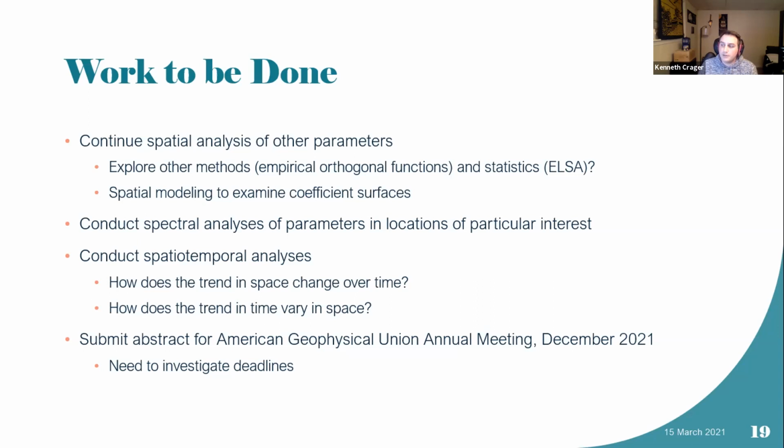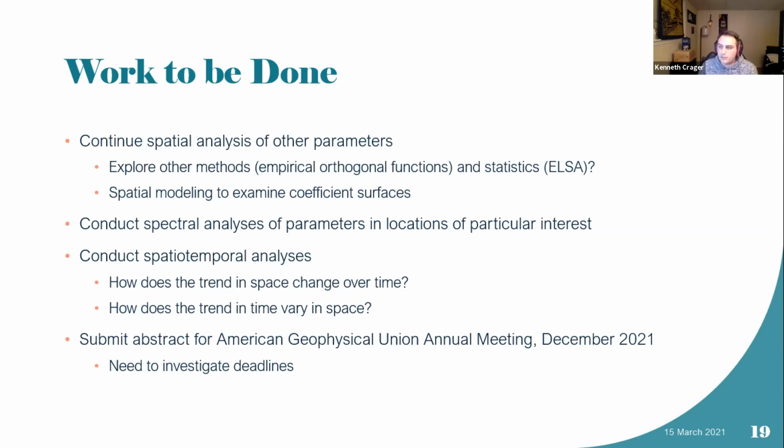It's something that I'm going to read up on and see if it's worth exploring as far as spatial entropy. I'm also going to look into, as I said before, spatial modeling to see if there's anything interesting or significant in the coefficient surfaces, explore the relationships between the parameters, and see how they depend on space.